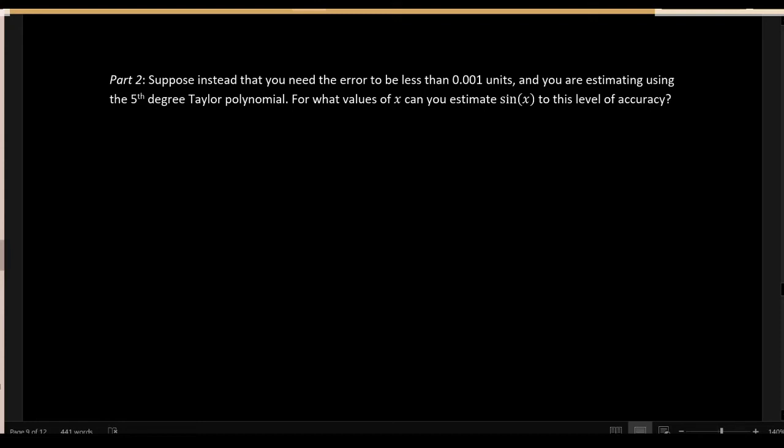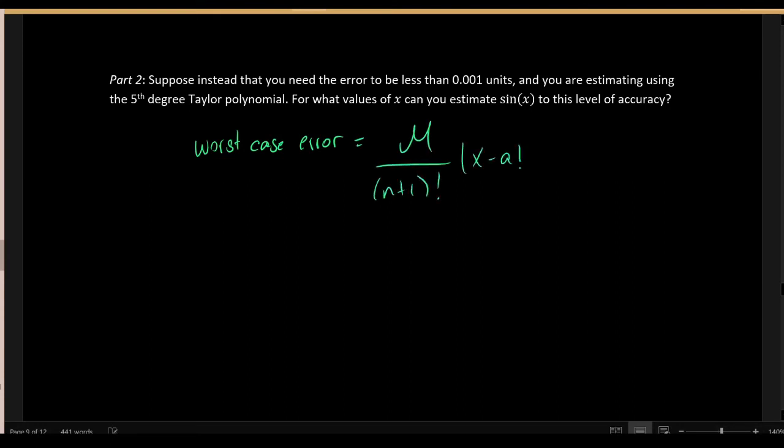So for what values of x can we actually estimate sine of x using this degree Taylor polynomial with this allowable error? Based on this, our worst case error, which is equal to m divided by n plus 1 factorial times the absolute value of x minus a to the n plus 1, cannot exceed 0.001 units. That's the very worst it can be.